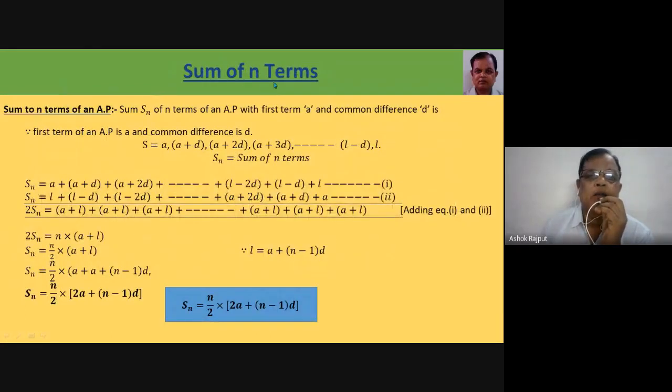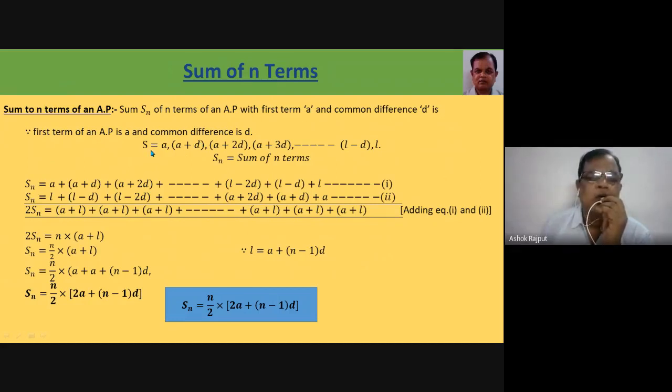Now the sum of n terms. If we want to find the sum of n terms of an AP, as an AP is given, the sum S_n of n terms of an AP with first term a and common difference d is as follows. The first term of the AP is a and the common difference is d.